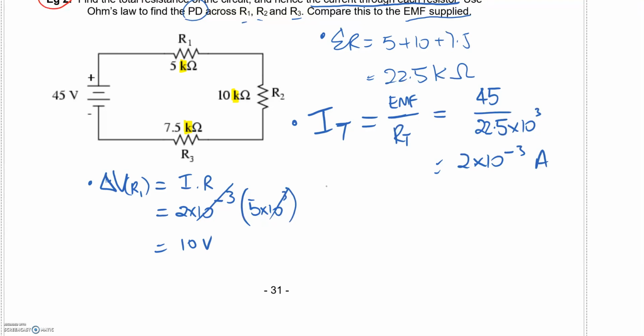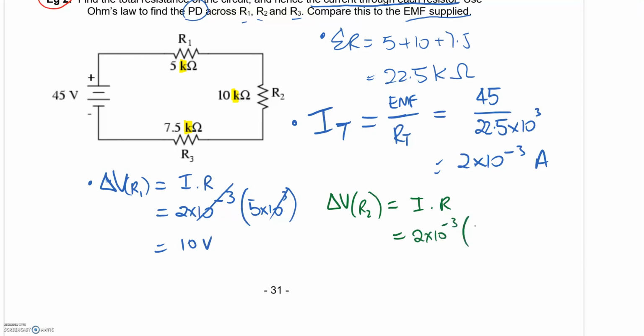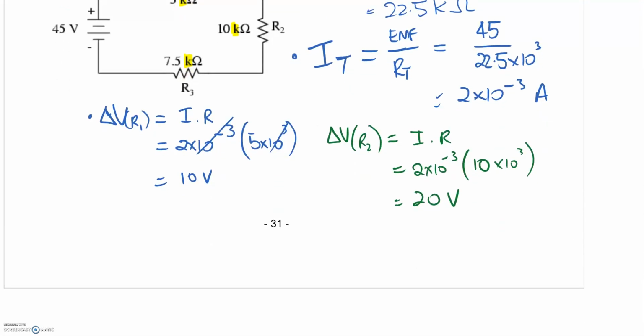Next one, the voltage drop across R2, same deal, I times R, which was 2 by 10 to the negative 3. In this case, it's 10 by 10 to the 3, 2 tens. Okay, so we've got 20 volts. Now, if everything goes to plan, we should get 15 volts across the last one.